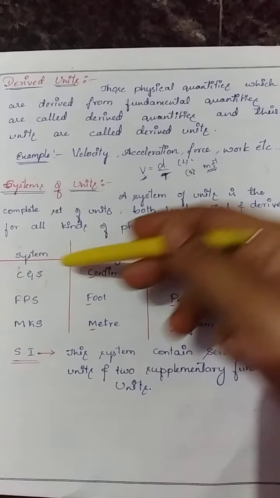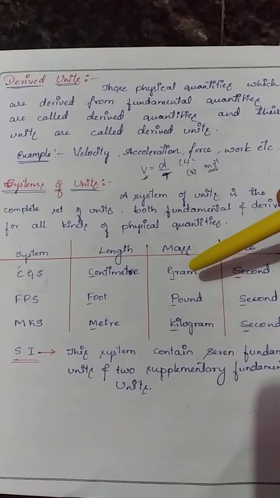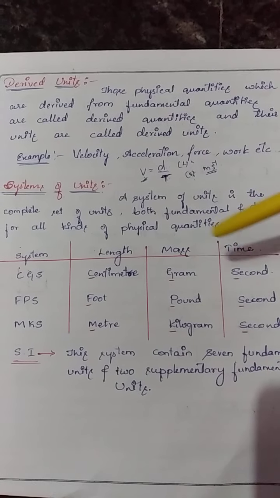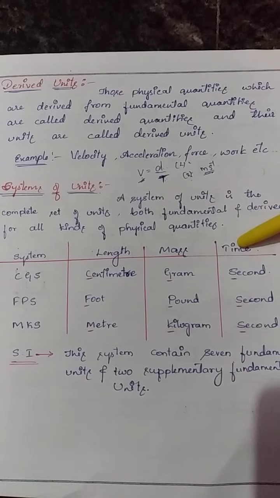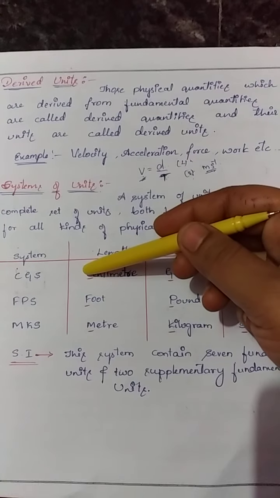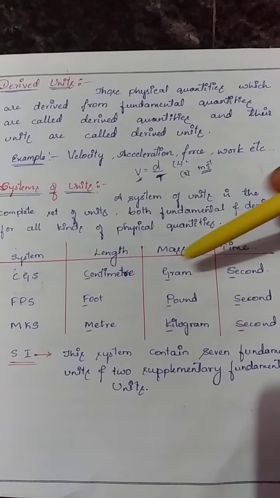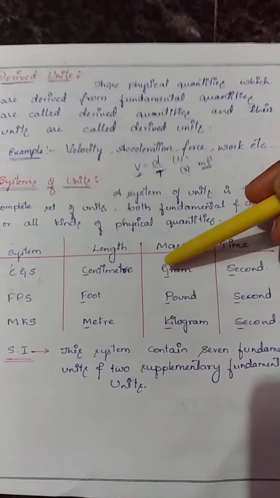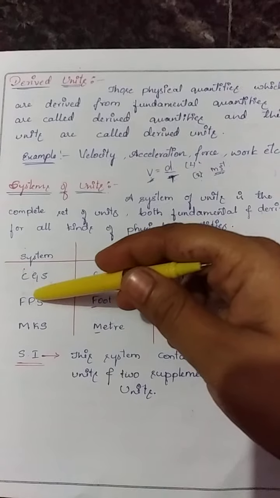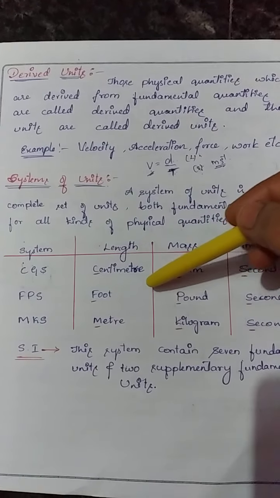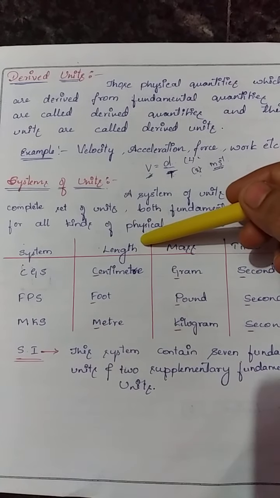G is gram, that measures mass. S is second, for time. These are the first capital letters of the units. Next is the FPS system. F means foot, which measures length.